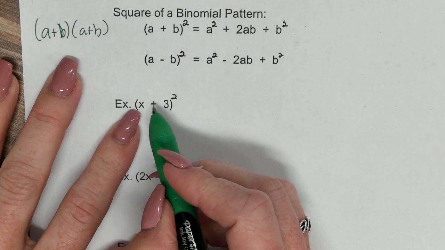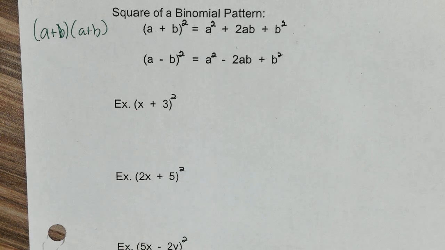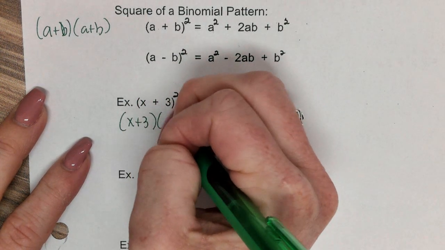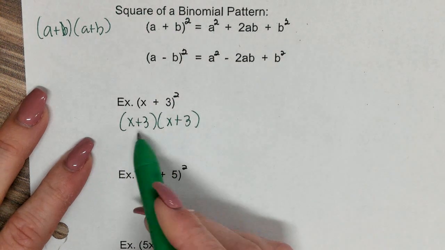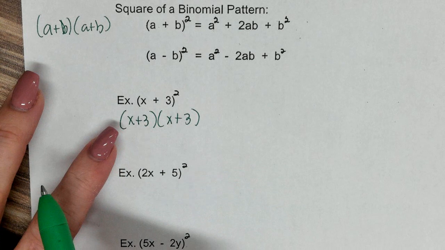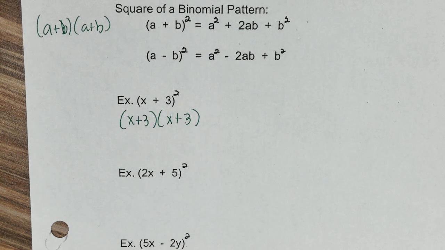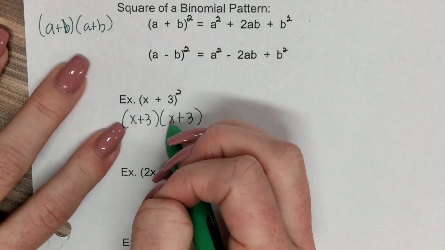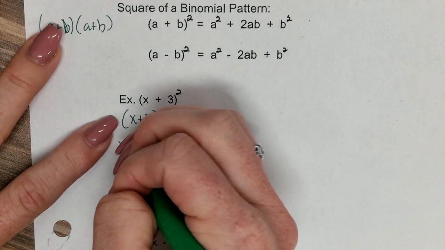So I have (x + 3) squared. Now, I could do it the long way, which is (x + 3) times (x + 3). Does everybody understand that this means this? Are y'all with me? And then I could go do first, outer, inner, last, which is FOIL. So let's do it the long way. First is x times x, x squared.